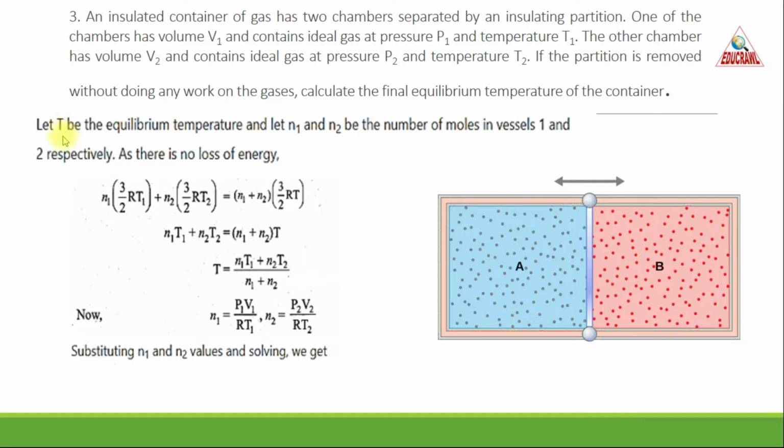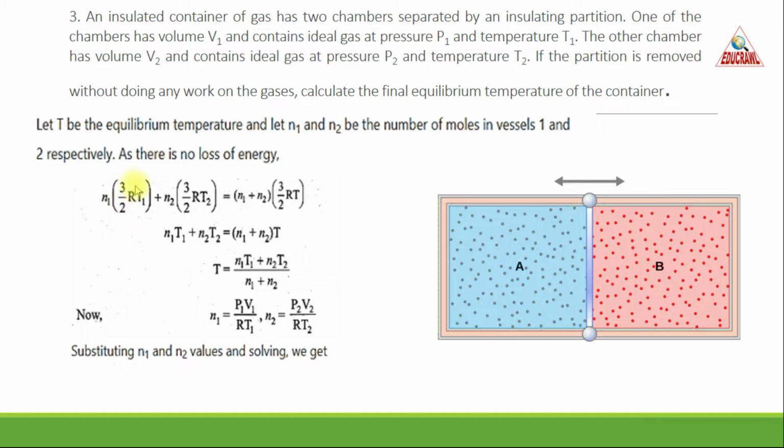So we will have T as the equilibrium temperature, and n1 and n2 are the number of moles in vessels 1 and 2 respectively. As there is no loss of energy, the energy in A and B before mixing will be equal to the energy after mixing. So you know the formula for energy is 3 by 2 nRT.